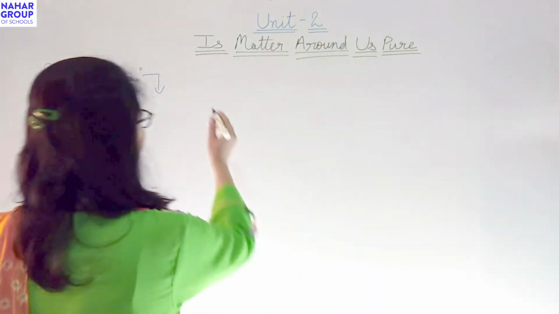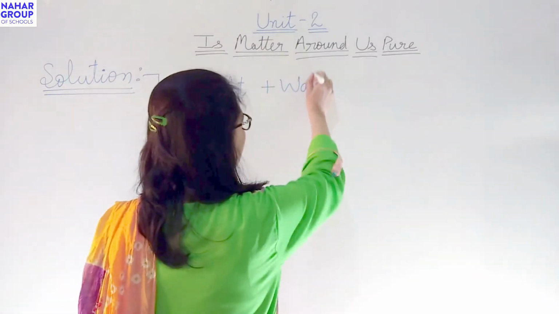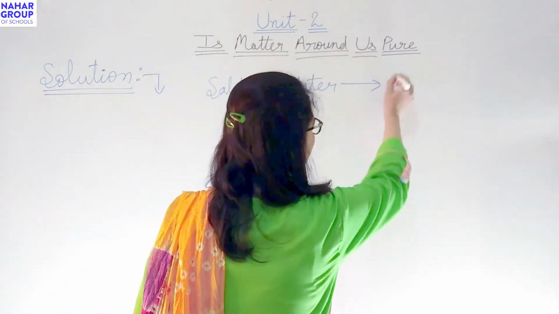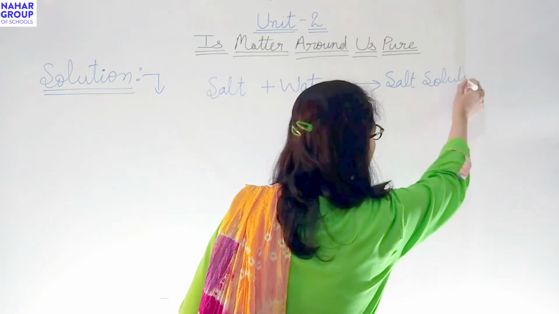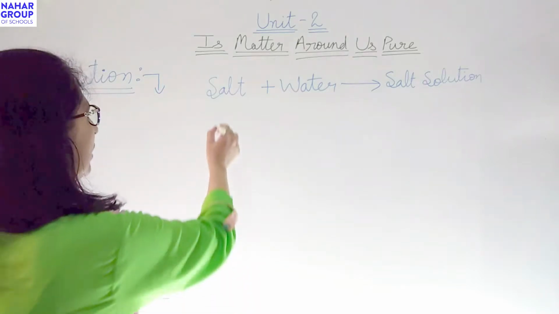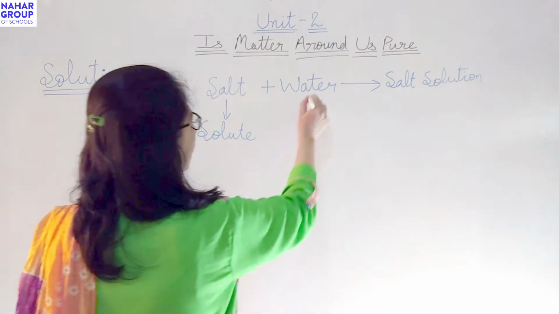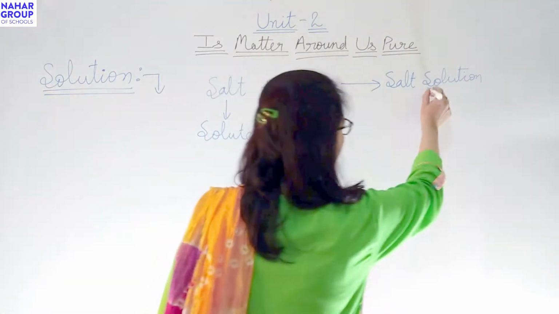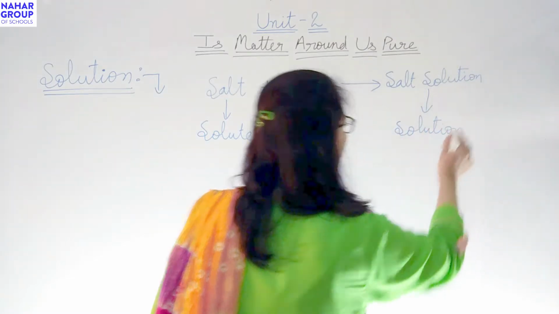For example, salt we are adding into the water. Then we are getting salt solution. In this, salt is the solute, water is the solvent, and salt solution is the solution.